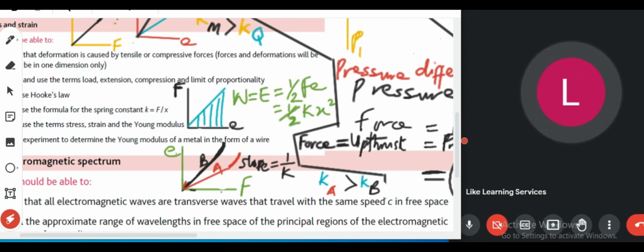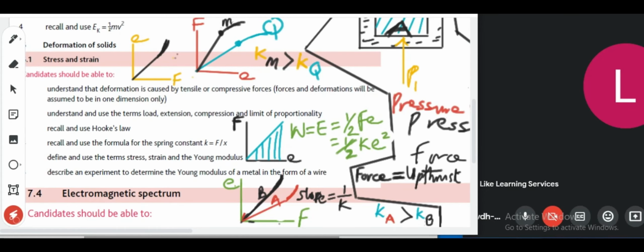Now times the distance, which is extension. That will give us half F times E. So that's the work done in a spring, where F is the force, E is the extension. So half times force times the extension, which is basically the area under the graph.